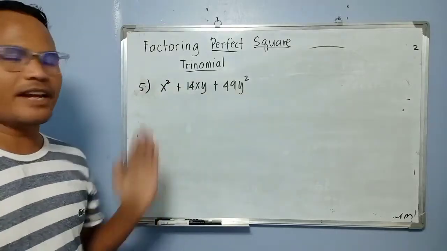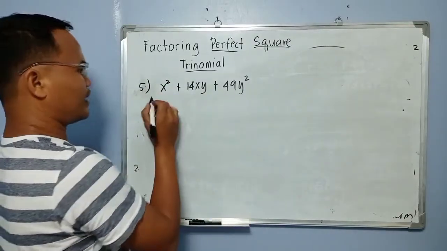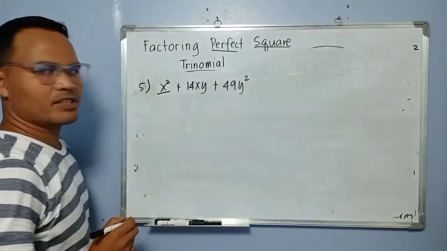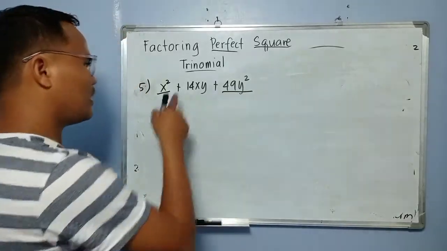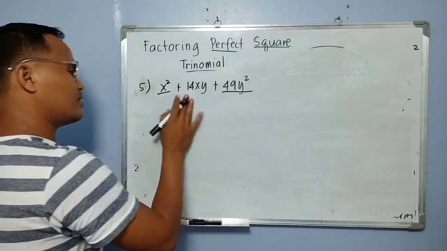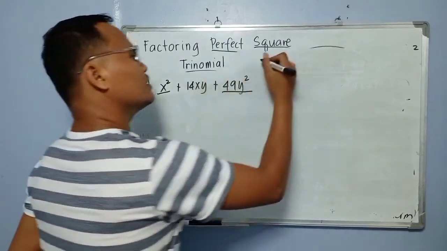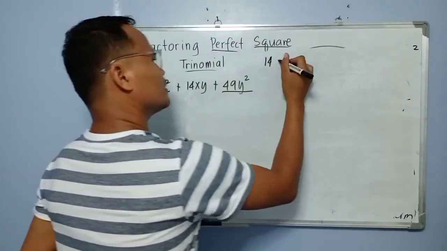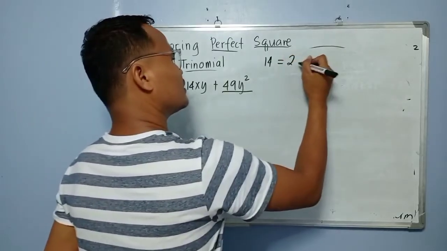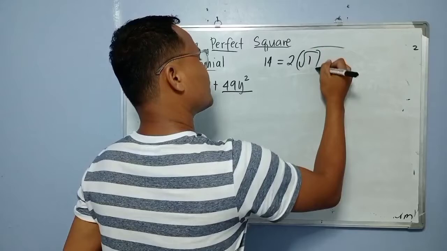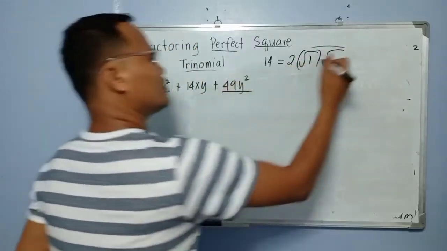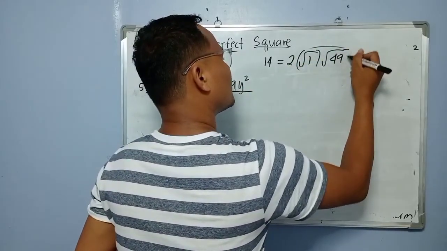Is this a perfect square trinomial? Let us check. Is x squared a perfect square? Yes. Is 49y squared a perfect square? Yes. How about the coefficient of the second term, 14? It should be equal to twice the square root of the coefficient here, which is 1, times the square root of the third term, that is 49.